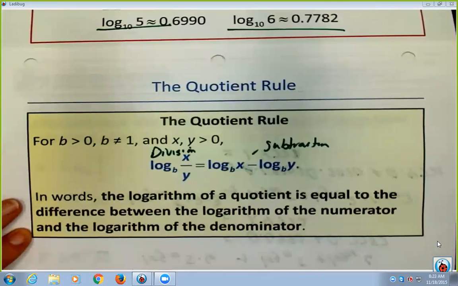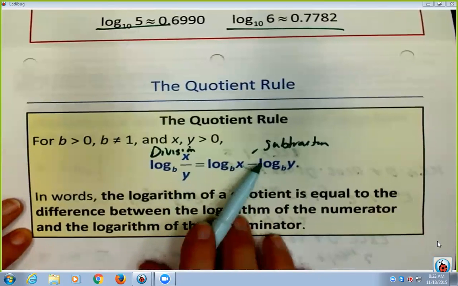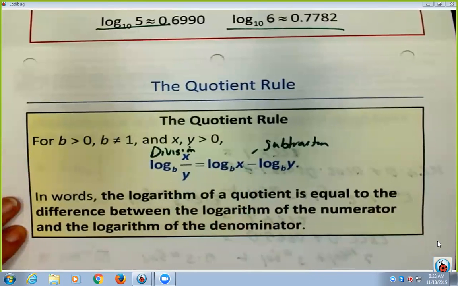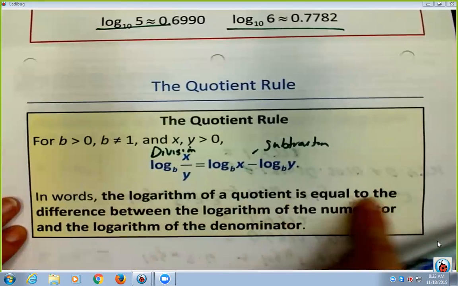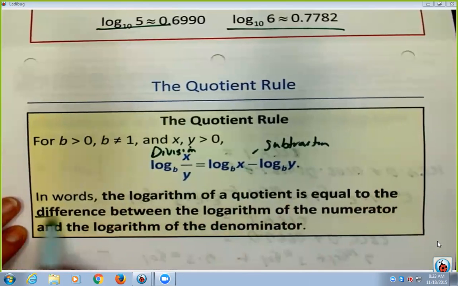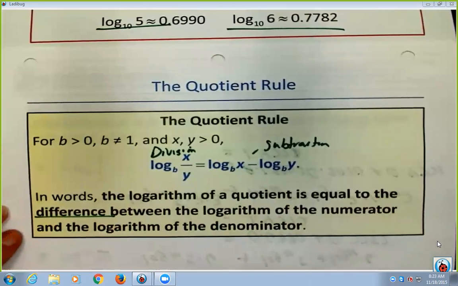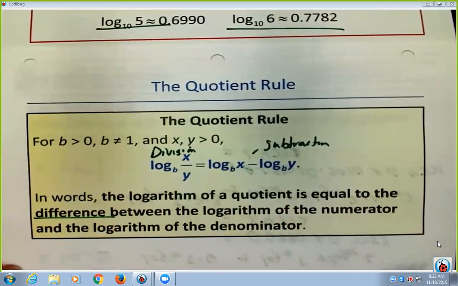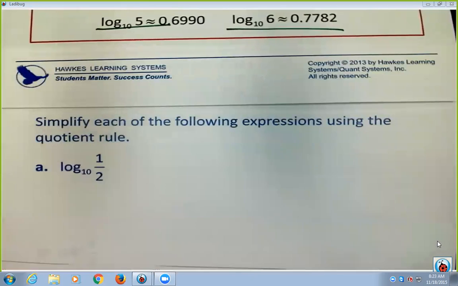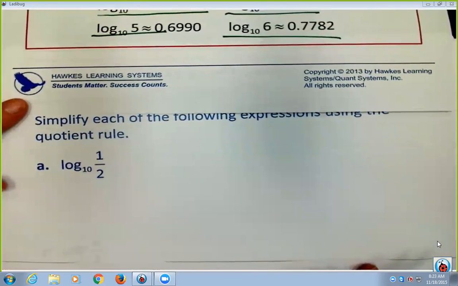Okay? So you want to watch that and make sure you get your values in there and get your subtractions to go. So again, if your quotient is equal to the difference, meaning, of course, subtraction, between the logarithm in the numerator and the logarithm in the denominator. So we've got subtraction taking place there. So let's see what we can do with this one.